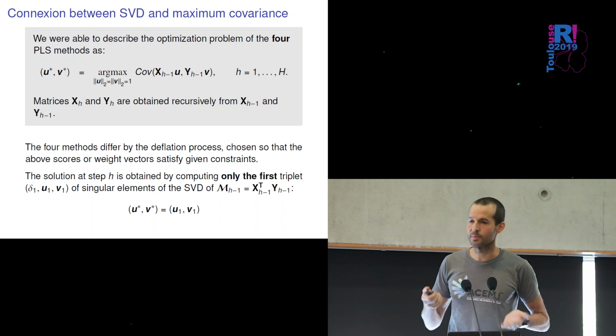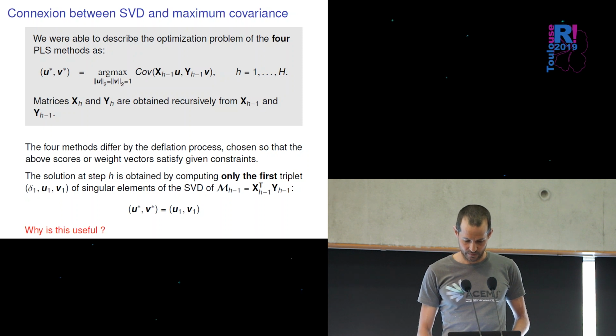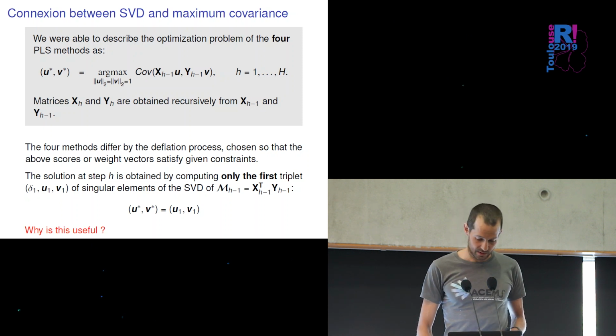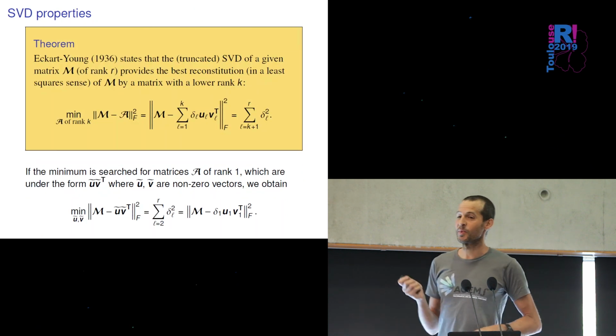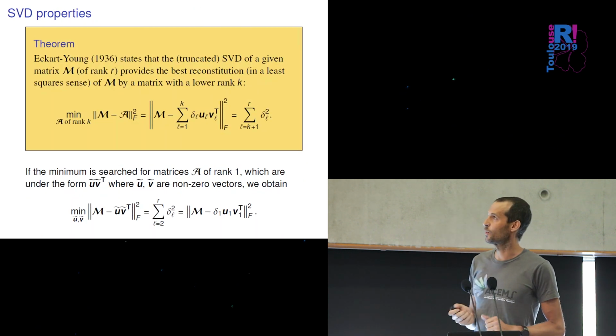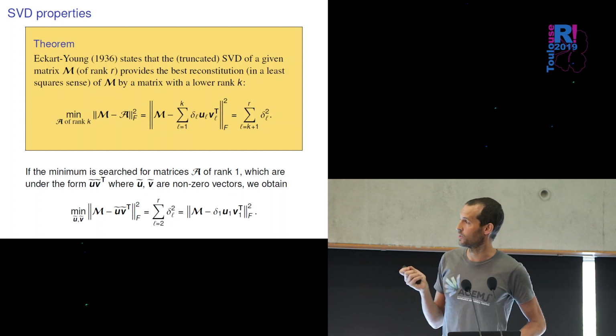It's a little bit more technical, but mainly it is this. Good news. Why is it useful? Yes, because we have this nice theorem from Eckart and Young that this is the low-rank approximation.